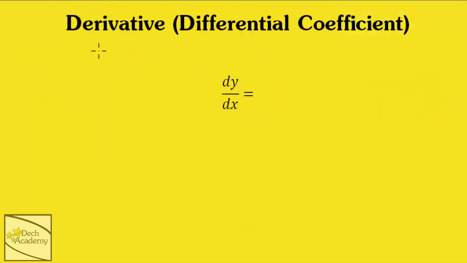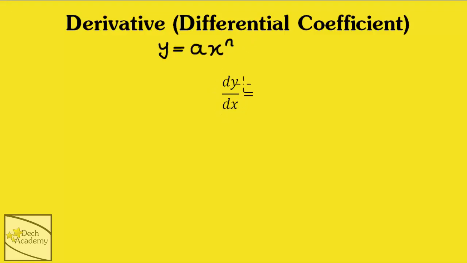Now we're going to take a look at the procedure for determining the derivative, or the differential coefficient, of an algebraic function of the following form: y equals ax to the power of n, where a is a constant and n is a constant, x is the variable, and y is also another variable. So y is a function of x.